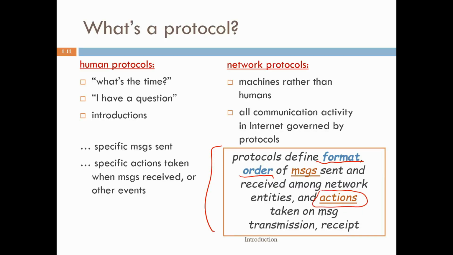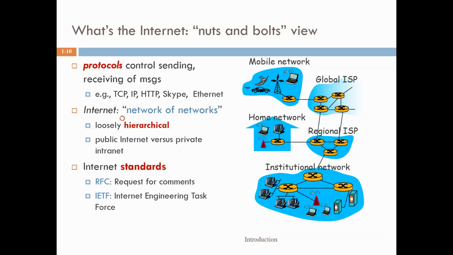Once you receive a message, what do you do? Once you receive a TCP connection request, what do you do? For example, servers will open what we call a socket, something that we'll discuss later in the course. It will open a socket and get ready to receive the HTTP request from the client. This is an action that the server will take upon receiving a connection request. So whatever the action is, it is also defined by the protocol.